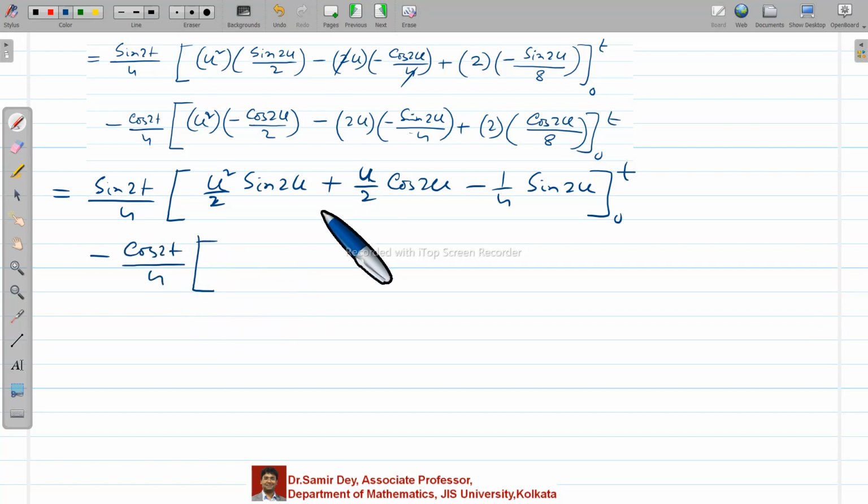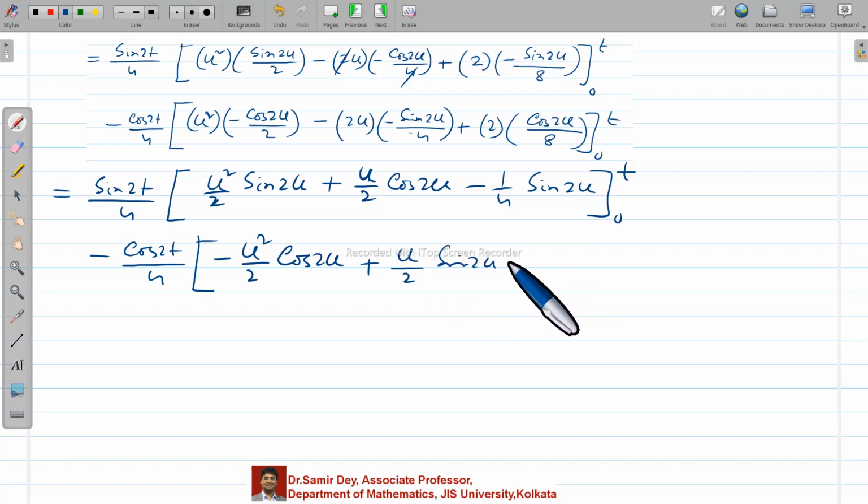Now again you open your bracket, that is coming minus, please check, minus u square by 2 cos 2u, minus plus, here 2 4 cancel, u by 2 sine 2u, plus 1 by 4 cos 2u, 0 to t.